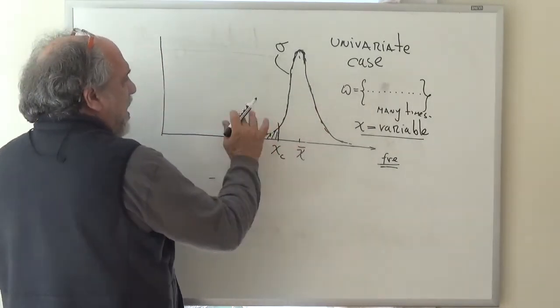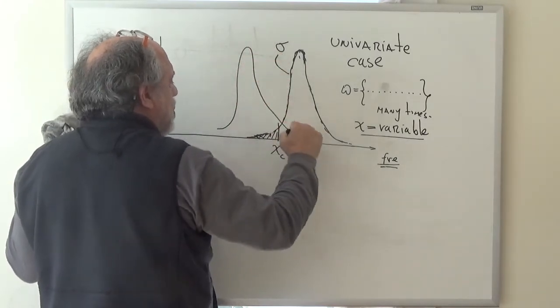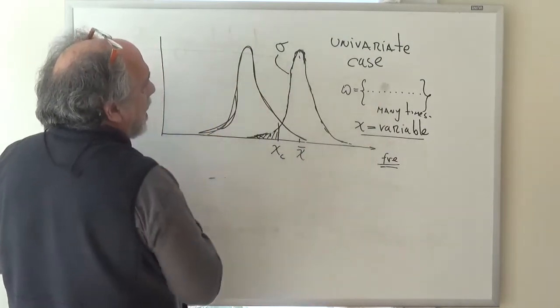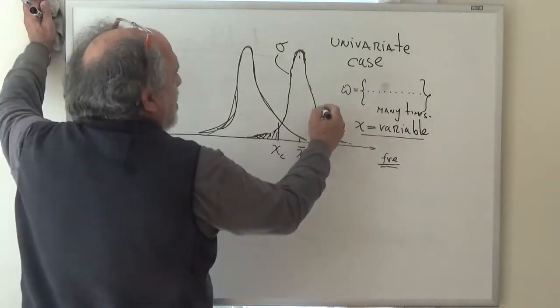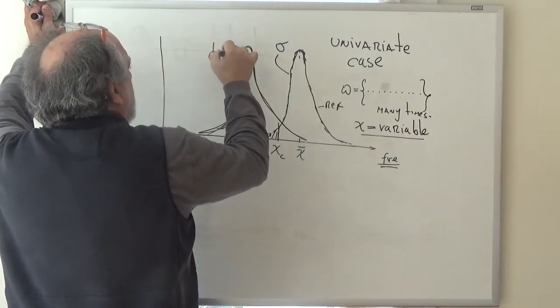In other words, the whole thing shifts this way somewhat, right? And so we have a new distribution. That could be like that. So this is the reference, and this is the damage.